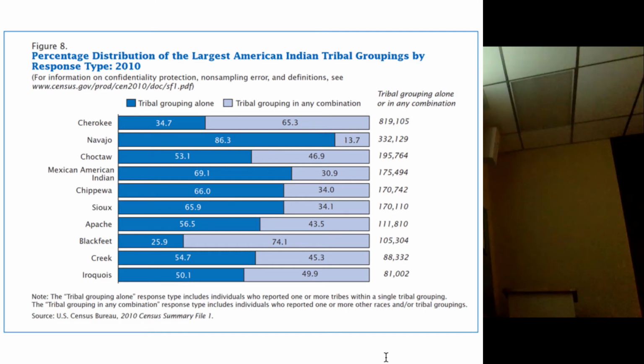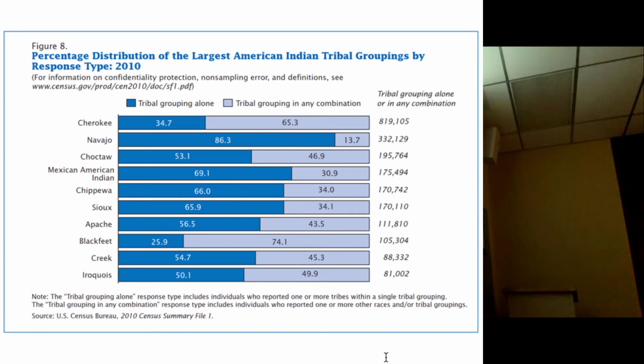Here we have some tribal designations, some tribal groupings. This is another very intriguing pattern, because there are some tribes like the Cherokees where most of the tribal population is mixed. So the distribution of the largest American Indian tribal groupings by response type: you have people who are Cherokee alone, and then Cherokee and something else. Navajos, however, tend to be mostly Navajo.